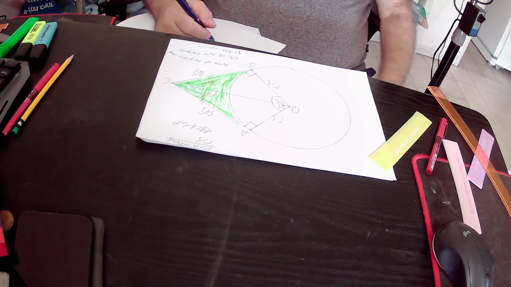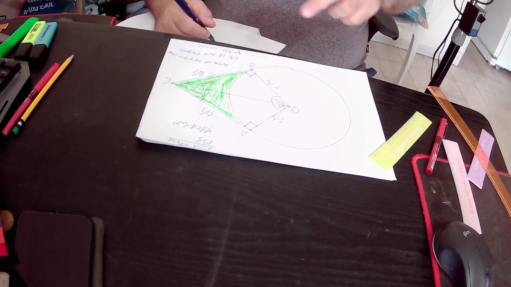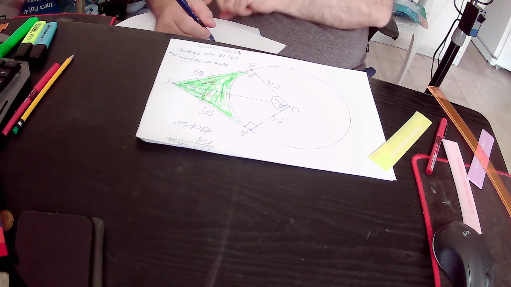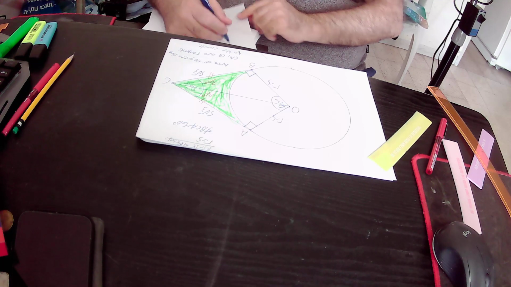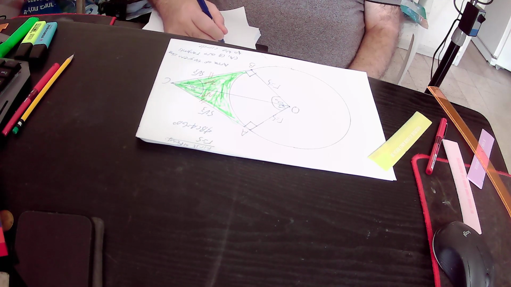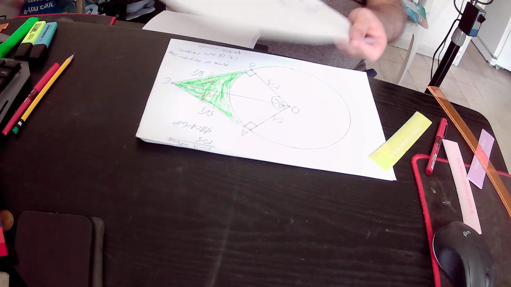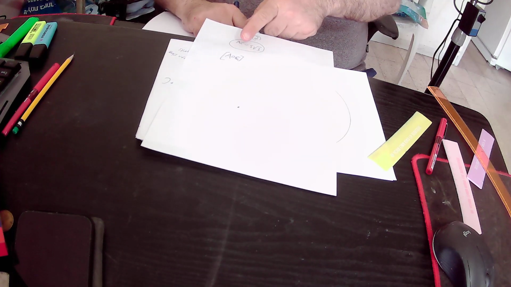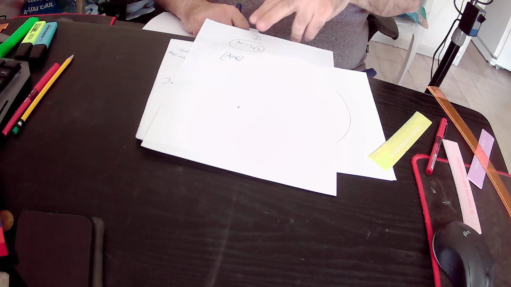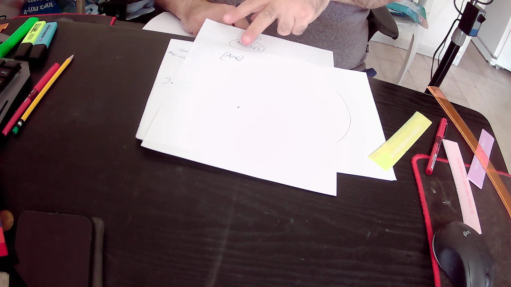And what is the area of triangle AOC? This expression means the area of triangle AOC. That is the way that we write it.